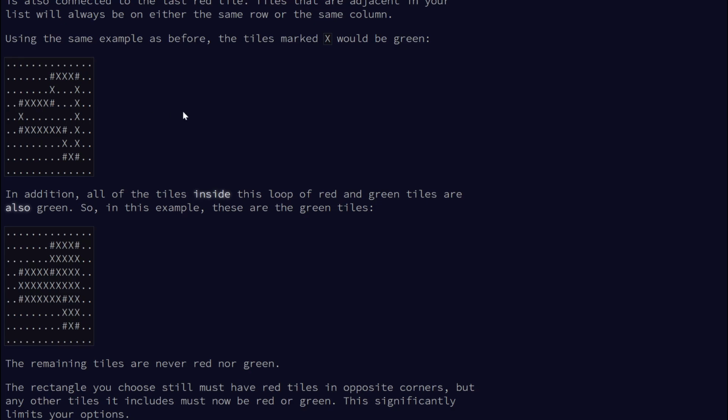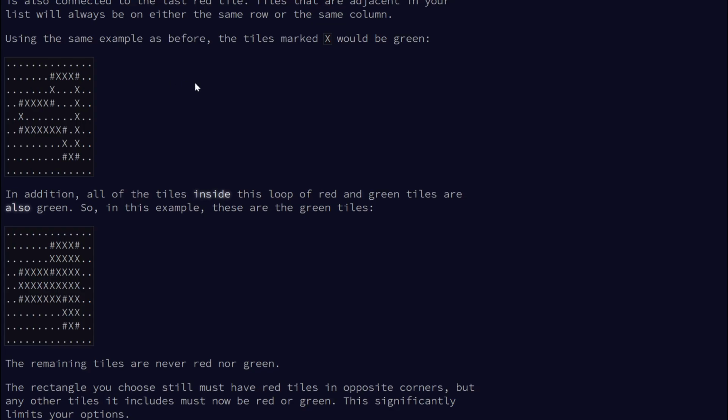And I could find whether there's a green tile in here that comes from something other than the perimeter of this itself, I guess.